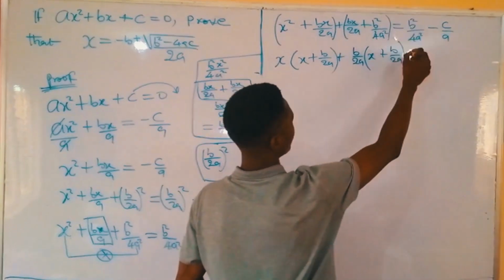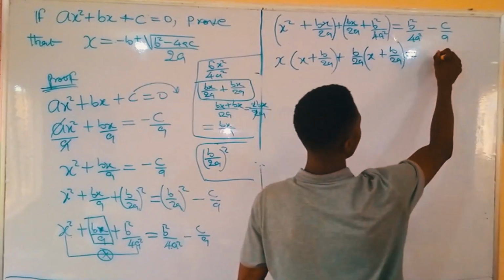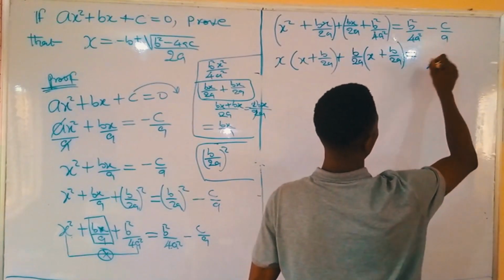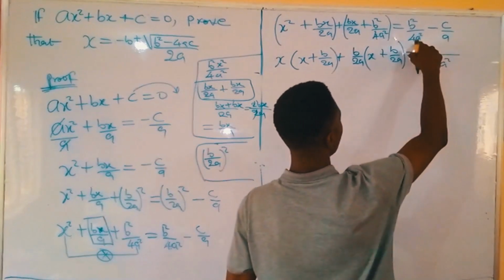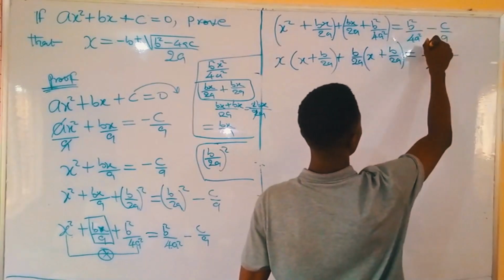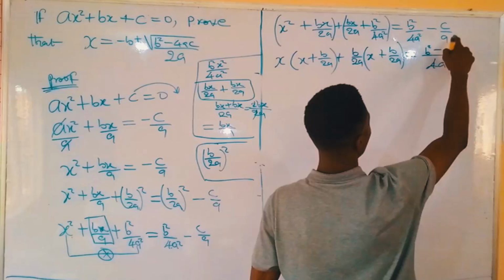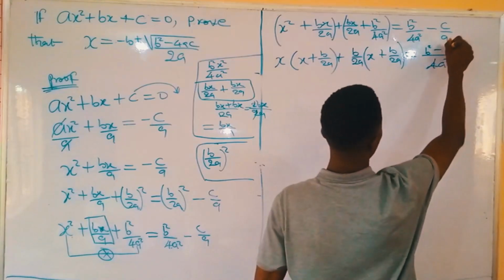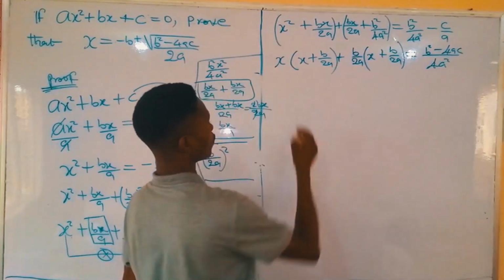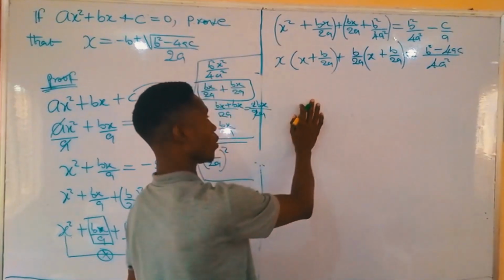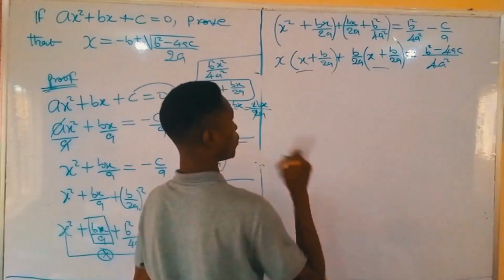Now let's do the LCM for this at once. This is 4a squared. If we divide 4a squared by 4a squared, it is 1 times this, which is still b squared. Minus, if we divide this by this, one of the a's is going to cancel, so we are left with 4ac. Meanwhile, in quadratic equations, recall that if the brackets are the same, which they are supposed to be, you pick 1.